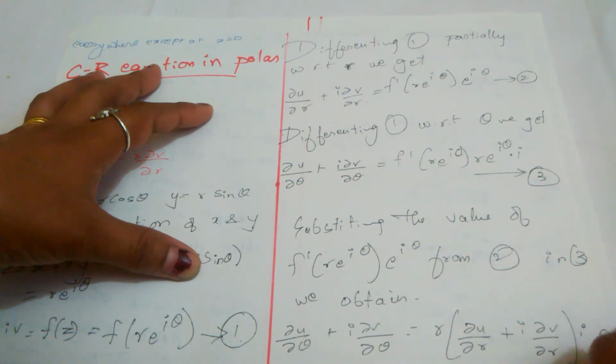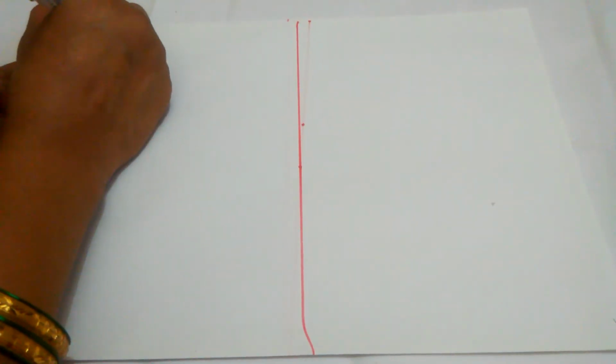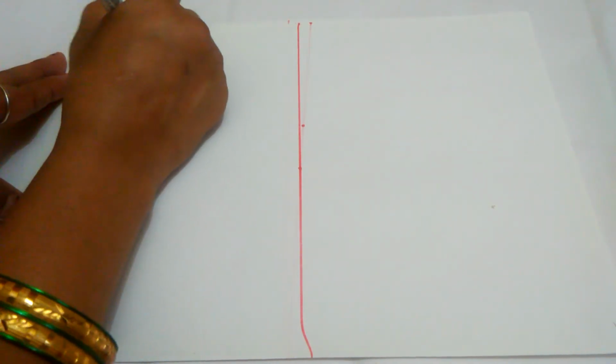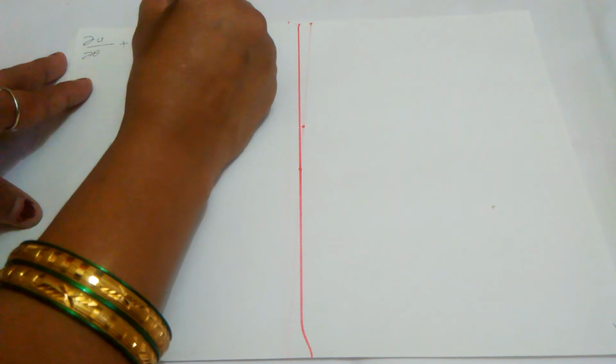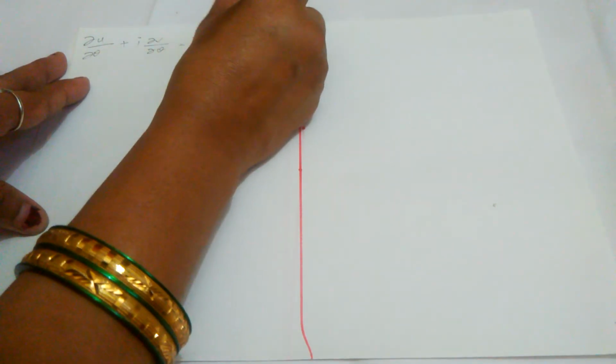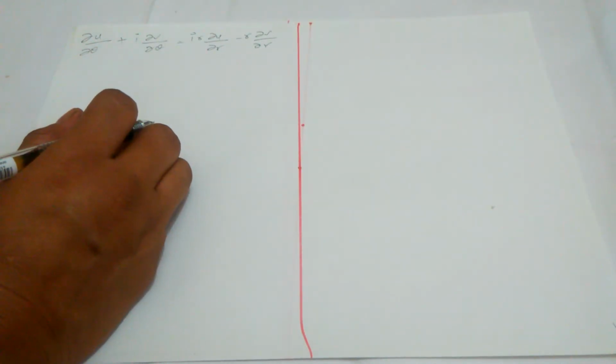Or delta u upon delta theta plus i delta v upon delta theta is equal to i r delta u upon delta r minus r delta v upon delta r. I hope up till here it is clear how we have done the substitution.